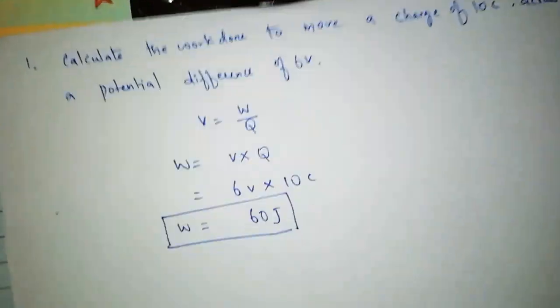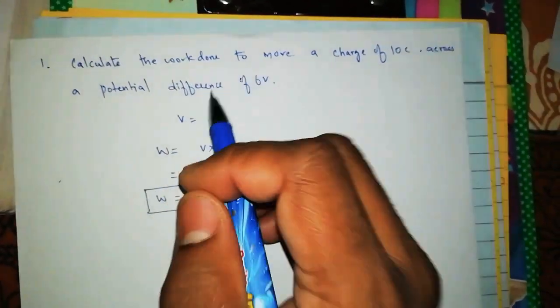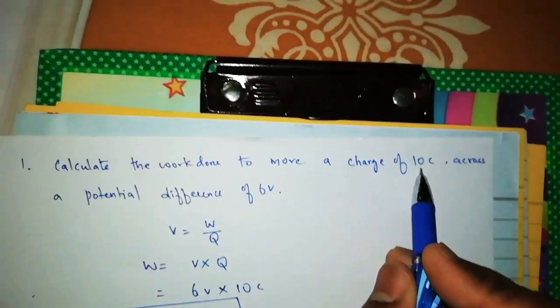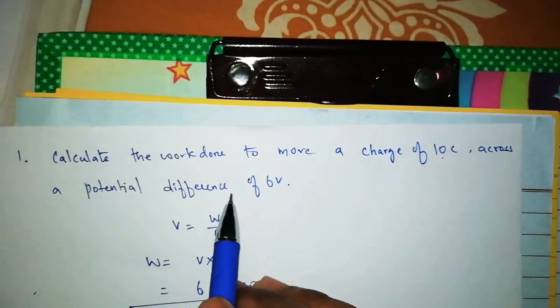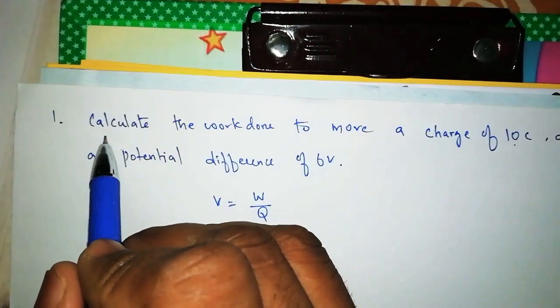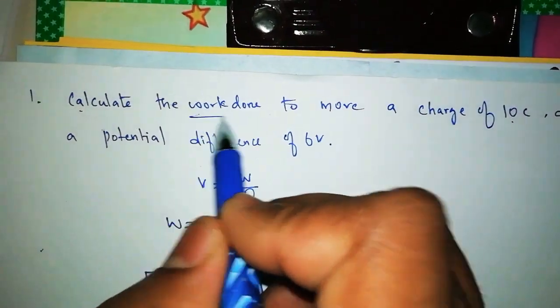Let's do one example with potential difference. Calculate the work done to move a charge of 10 coulomb across a potential difference of 6 volt. Here they are asking directly to calculate the work done.